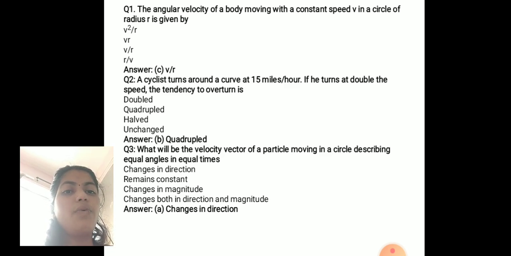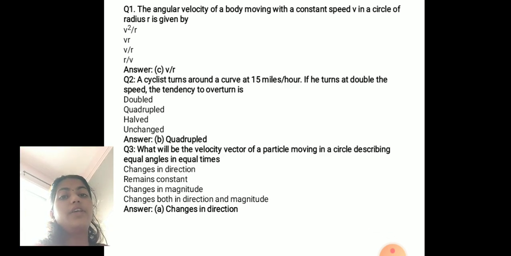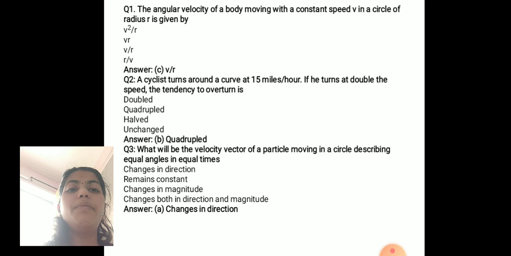What will be the velocity vector of a particle moving in a circle, describing equal angles in equal times? In uniform motion there is the same distance in the same time interval.